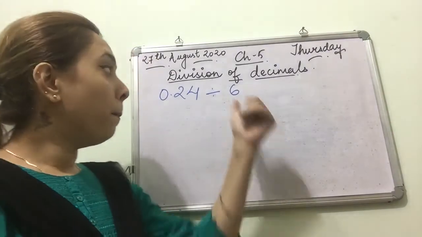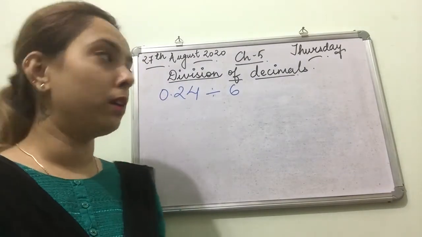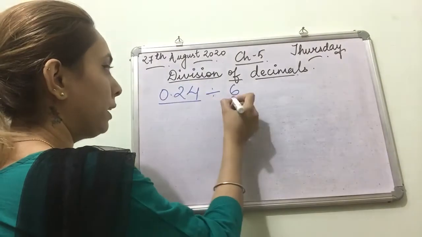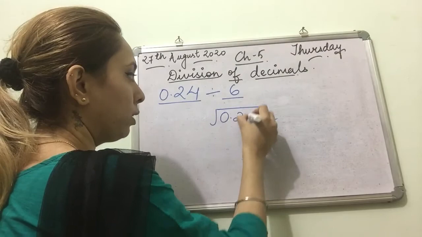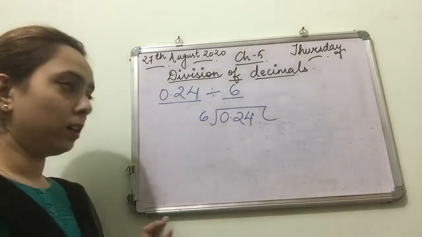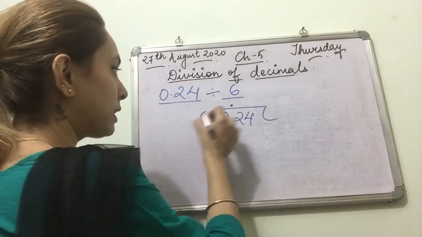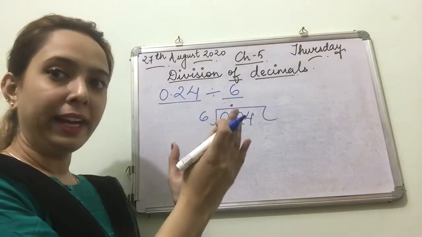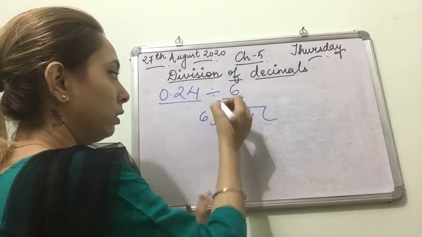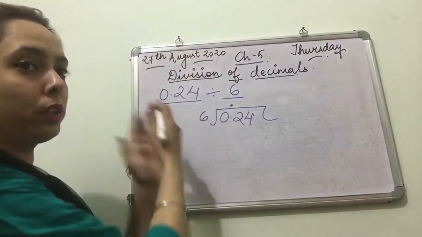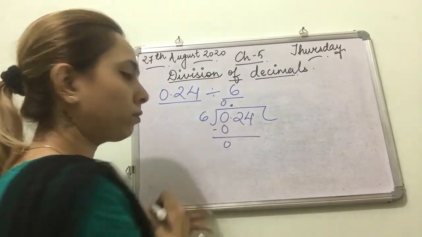It can be, but your divisor should always be a whole number. So again, this is your dividend and this is your divisor. So we will write 0.24 and 6 here. Simply put a decimal over the decimal. When you are dividing this part, the integral part, you will write the quotient also in the integral part. 6 zeros are 0, 0.